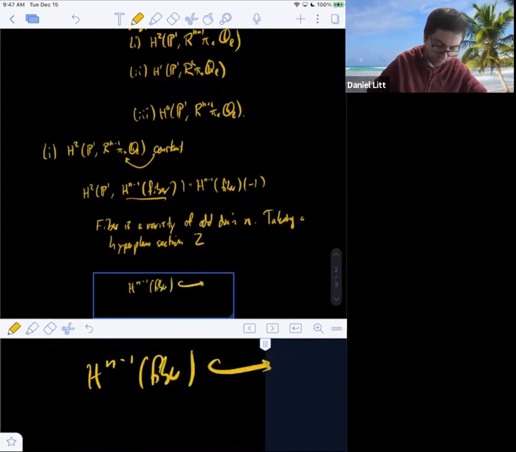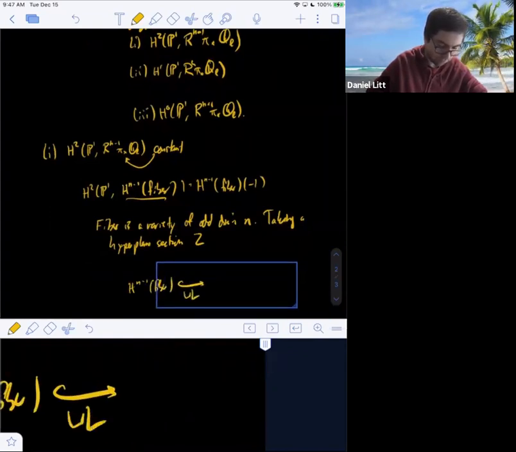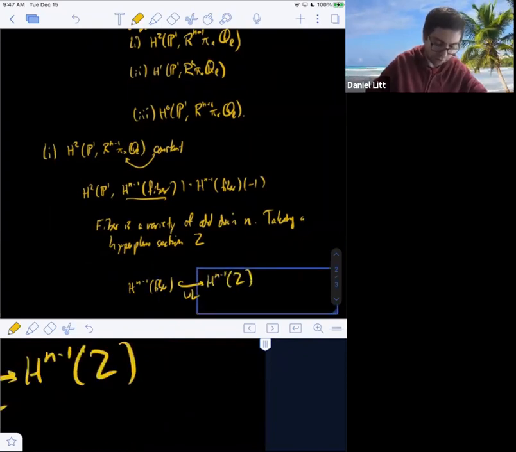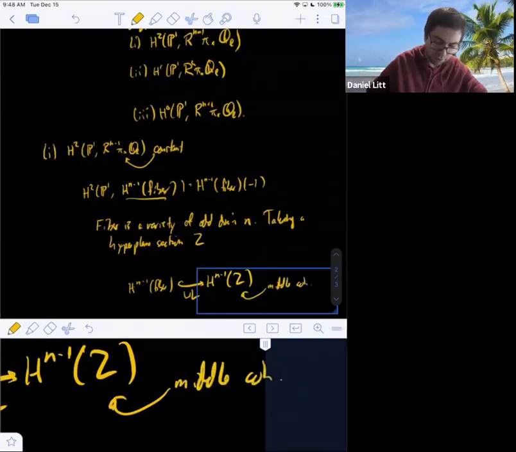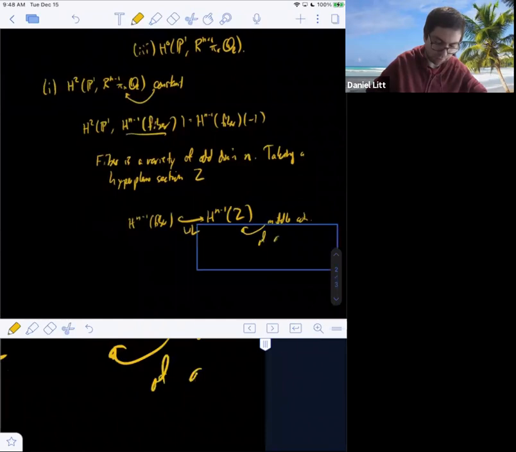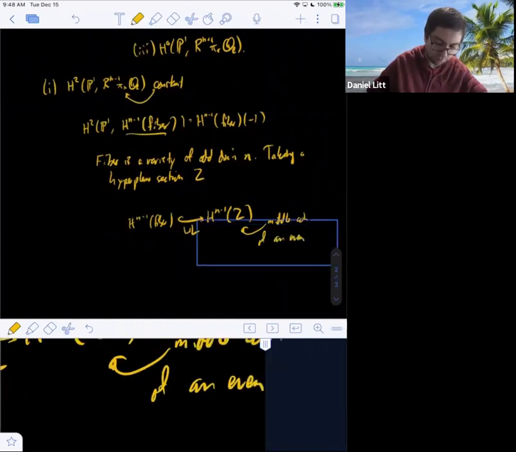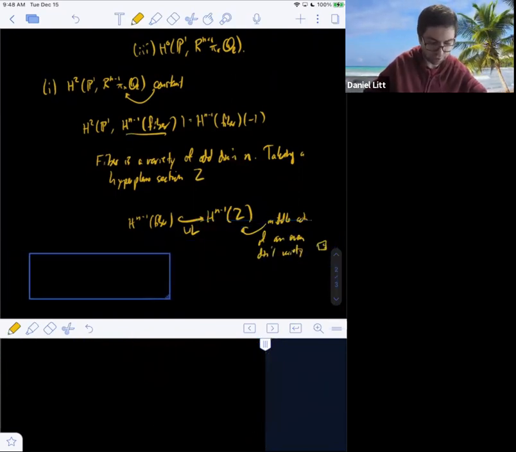By the weak Lefschetz theorem, this map is injective into Hn minus 1 of Z. And this is the middle cohomology of an even dimensional variety. So we're done by the induction hypothesis.